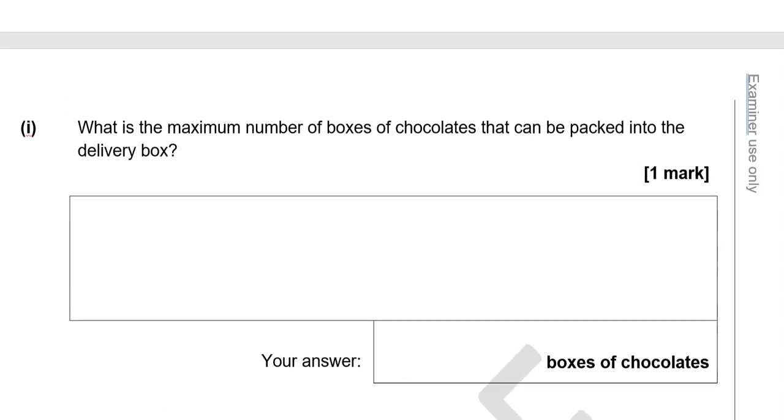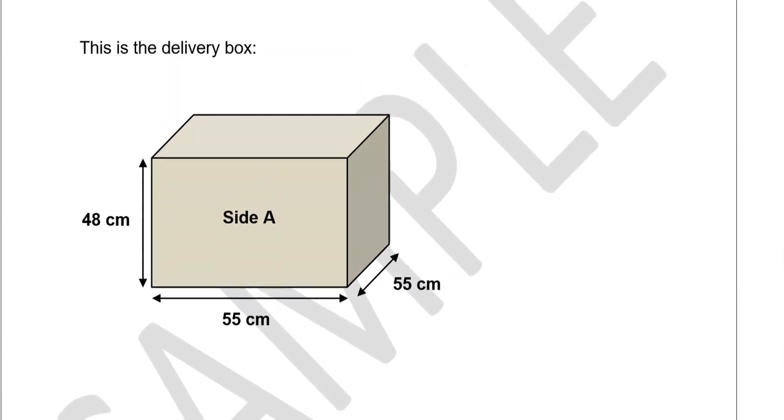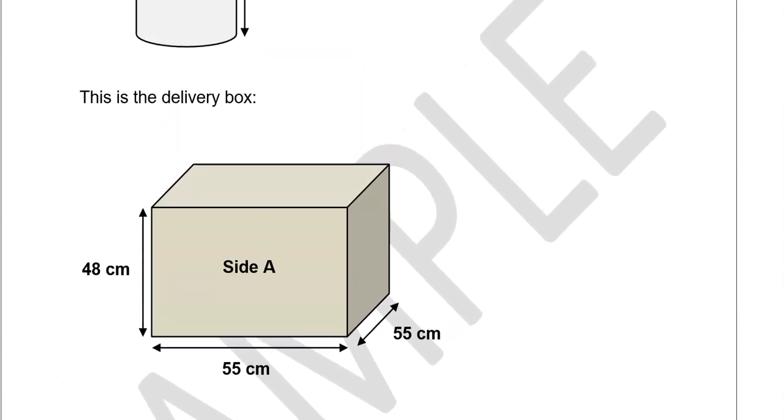Let's have a look at the dimensions. So here is the delivery box, and at the top it looks like a rectangle. So the dimensions are 55 centimeters by 55, so it is a square at the top.